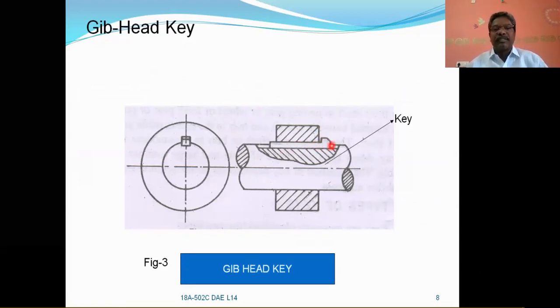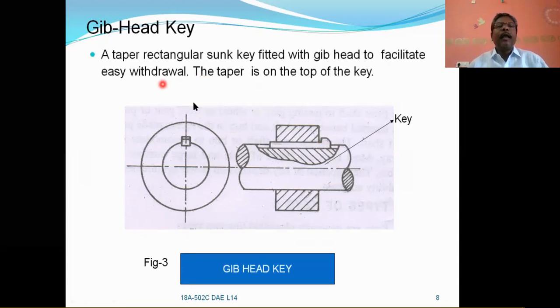Only that is the purpose. So the jib head key is a taper rectangular sunk key fitted with the jib head to facilitate easy withdrawal. The taper is on the top of the key. It is also used for heavy power transmission, same as the rectangular sunk key.